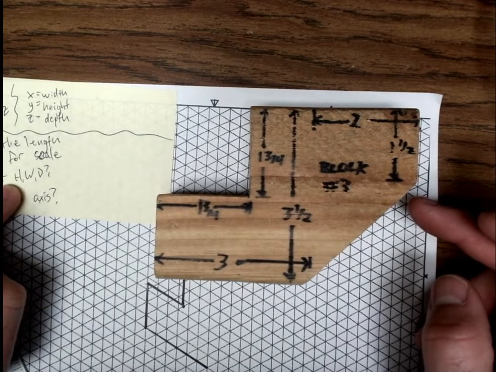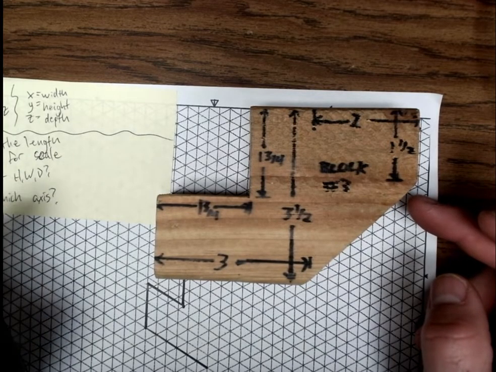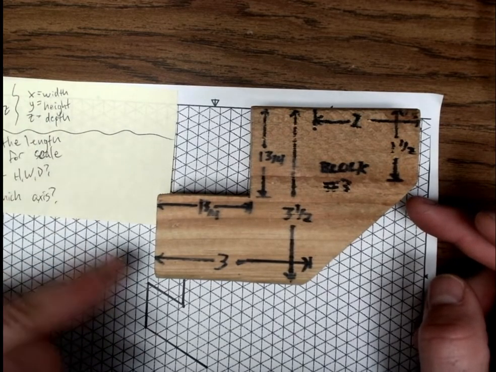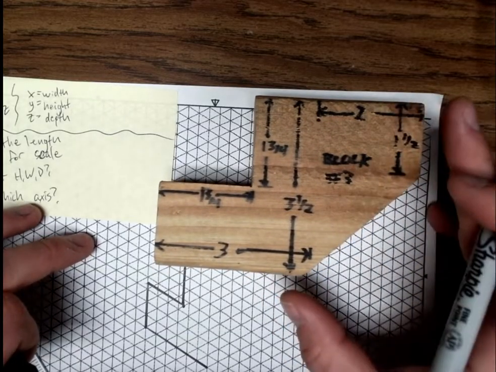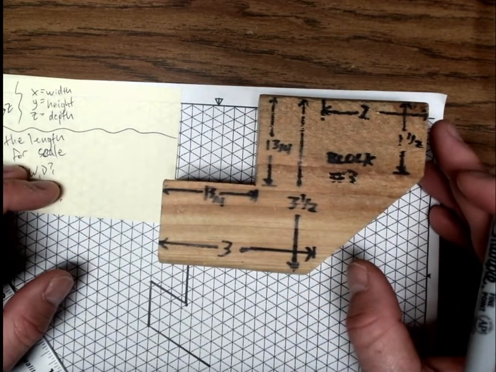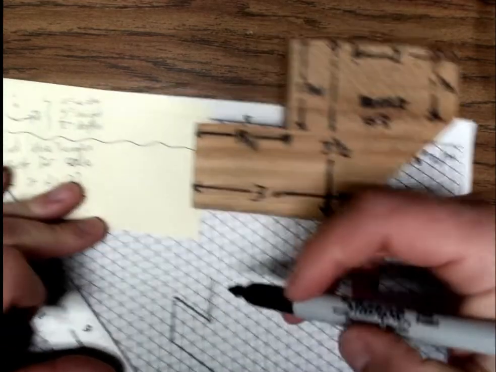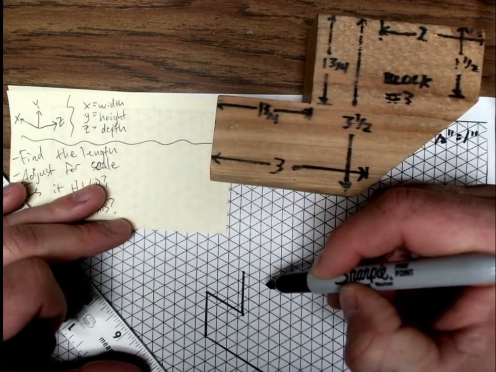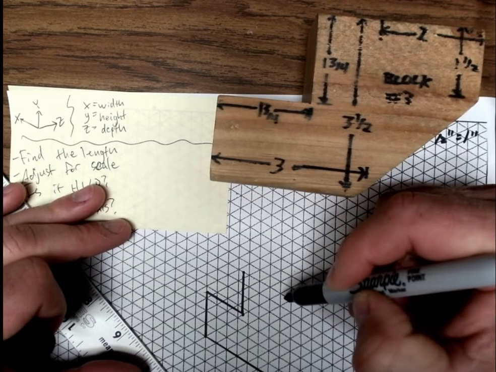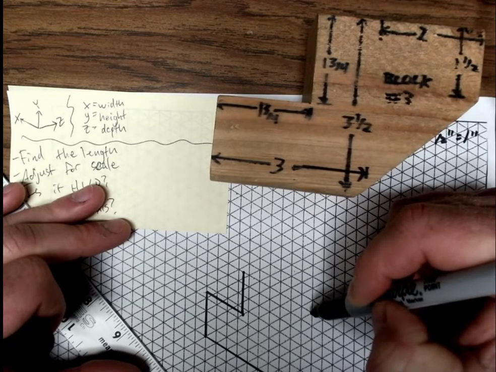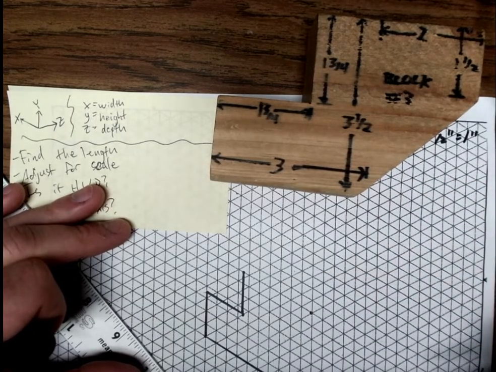Height, width, or depth, side to side is a width. Which axis? Width goes on X. So I need to be 6.5 along the X. You might want to watch me count. 1, 2, 3, 4, 5, 6.5 goes right there.